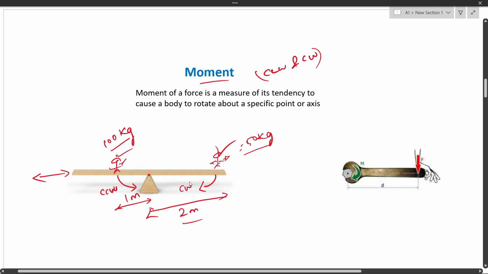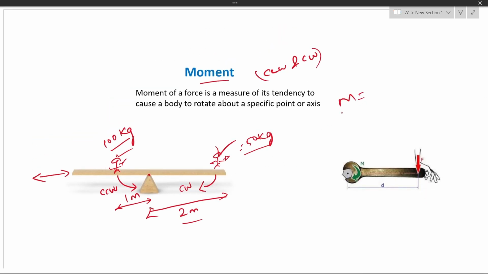How is it the same? Because moment is calculated by the formula of force into distance, and here distance means the perpendicular distance between the center point and the line of action of the force.